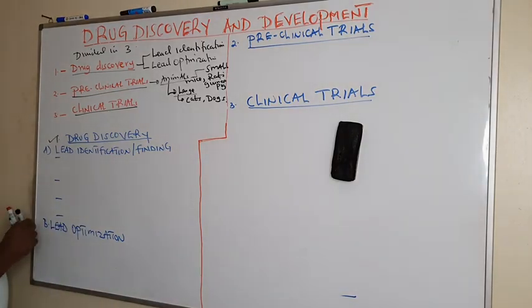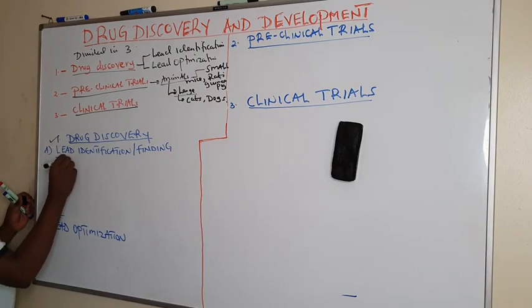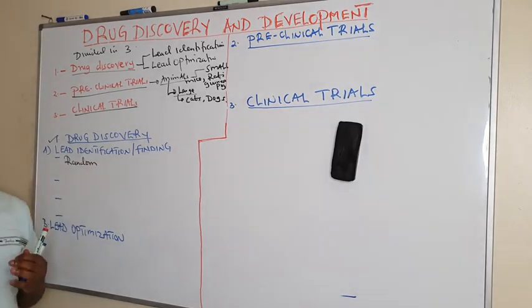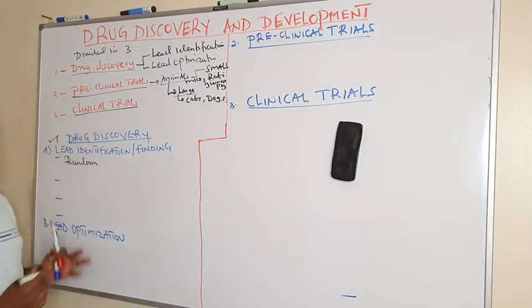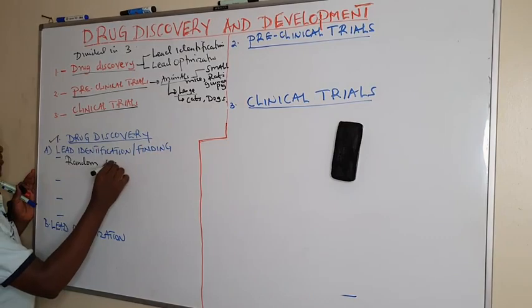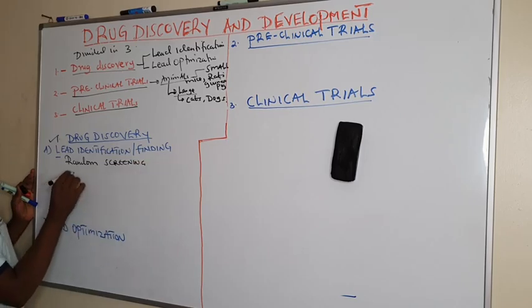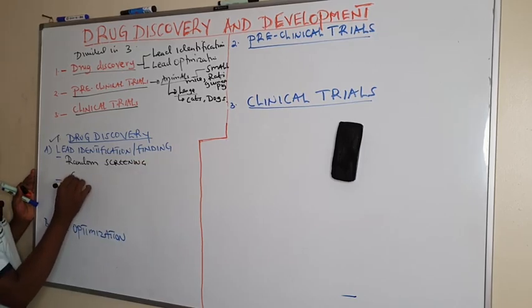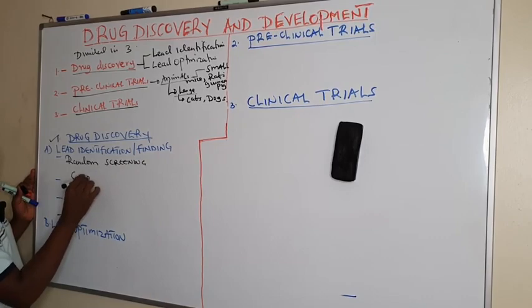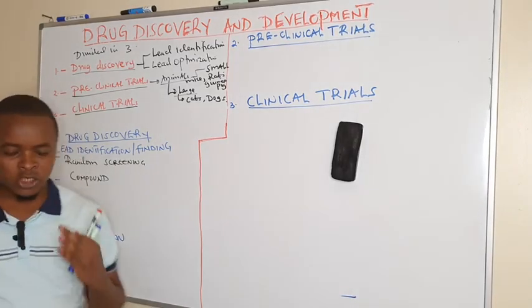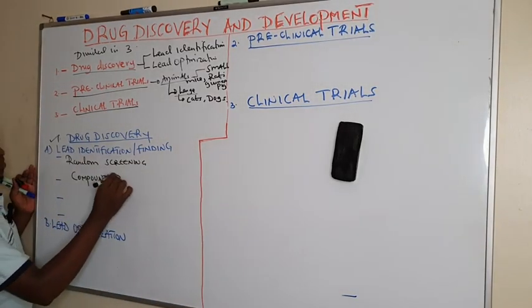And it is determined in the following ways. We do what we call random screening. Then there is what we call compound oriented.